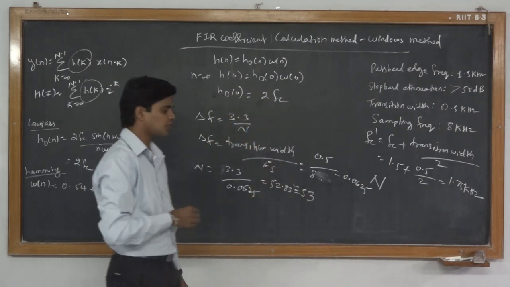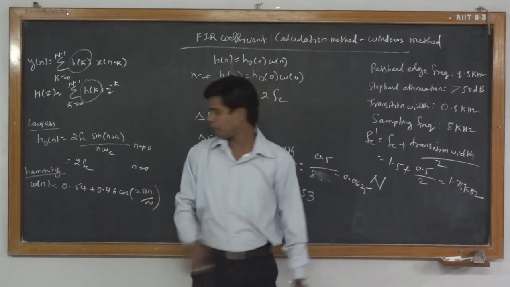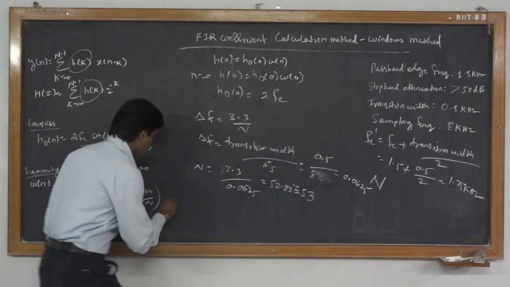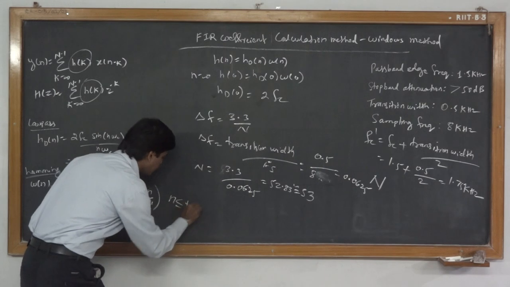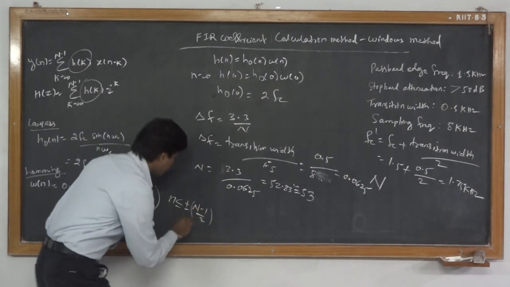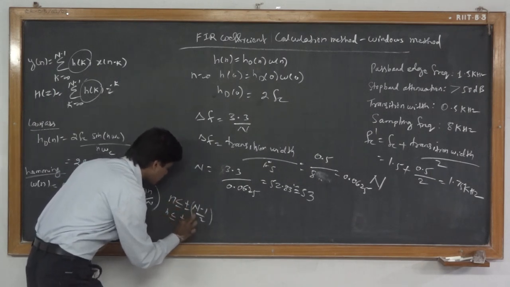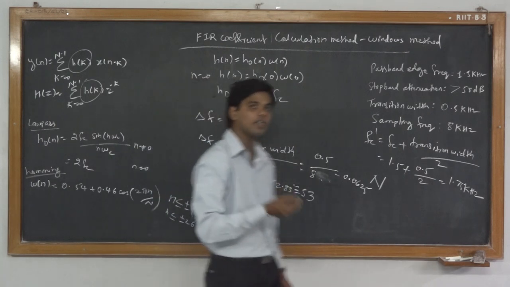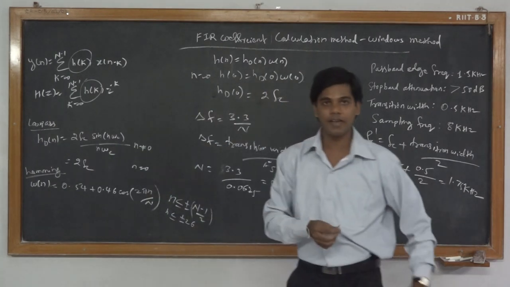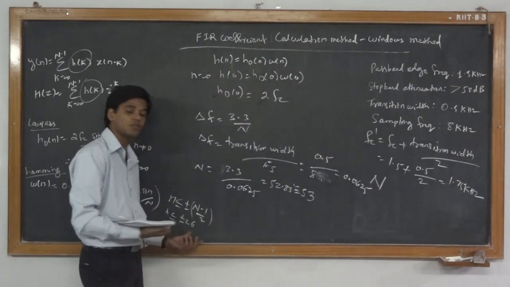Now this window function w of n goes from minus (N minus 1) divided by 2 to plus (N minus 1) divided by 2. So according to this, it becomes 52 divided by 2, that is n from minus 26 to plus 26. Suppose they had not told us for which values of n we need to calculate, then we would have to find the values from minus 26 to plus 26.